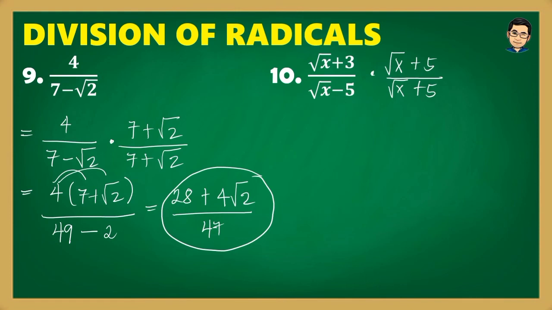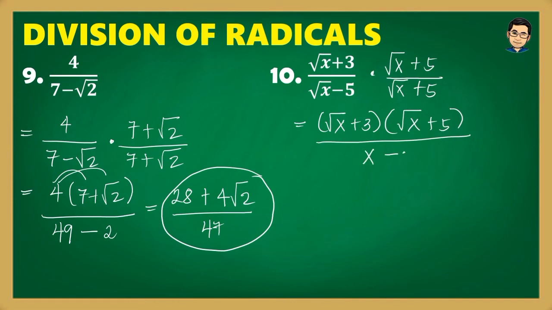So, that will become positive. So, ayan. Square root of x plus 3 times the square root of x plus 5 all over x minus 25.